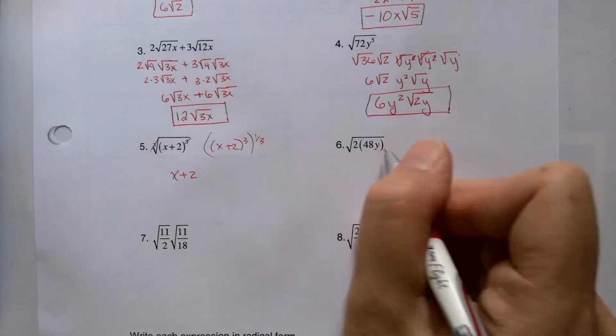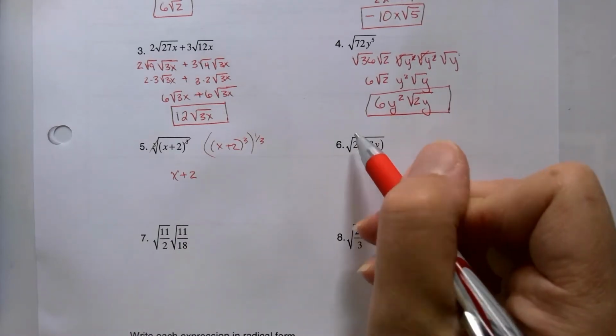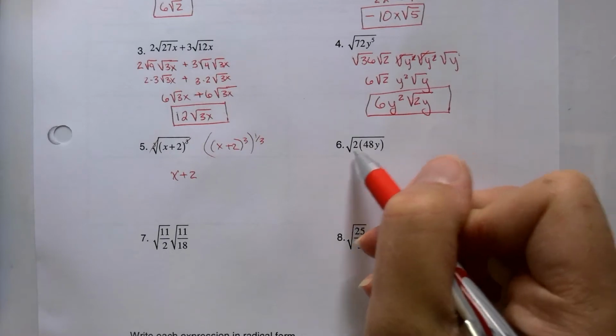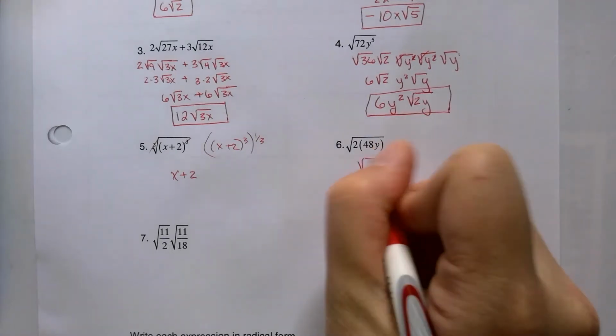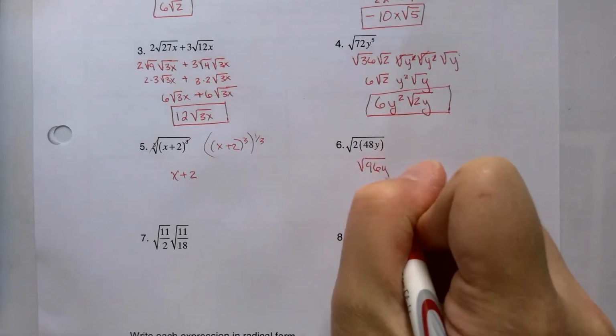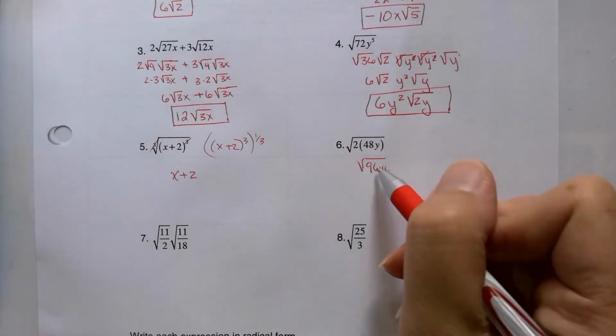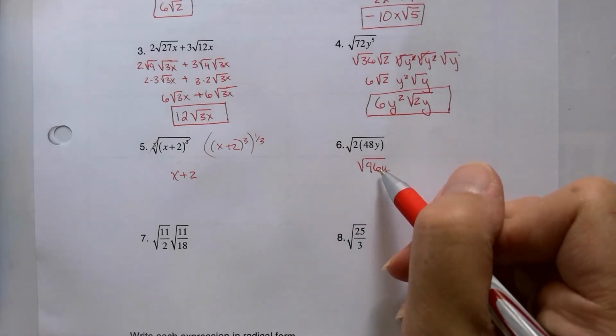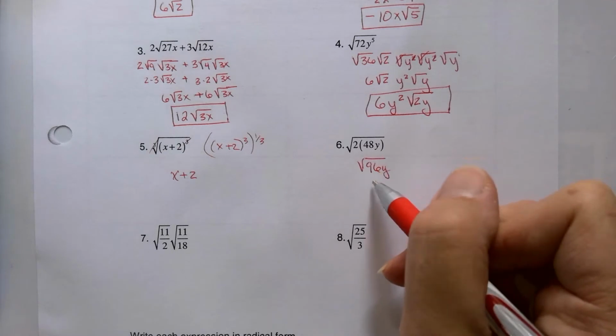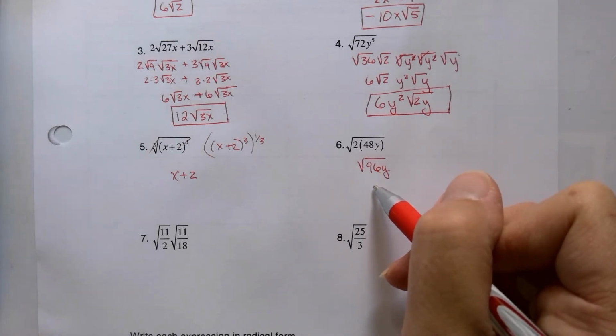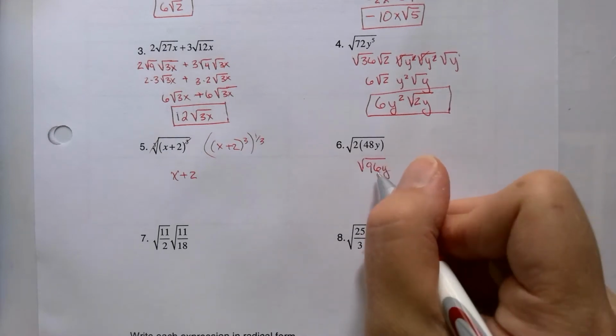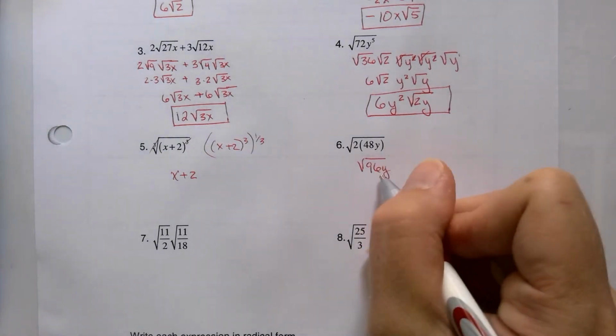This one does not. Now, there's no square root of 2 and there's no square root of 48. So individually, those aren't helping me. So I'm going to go ahead and put it together as a 96y. And then I want to find the biggest perfect square that goes into 96. 4 goes into 96, but I'm sorry, actually it goes in more than that, so we can break it down more.